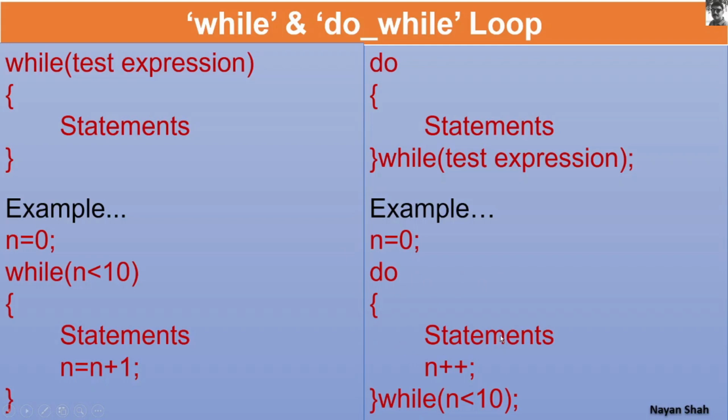So it will come inside and execute all these statements. If it is 1000, it will become 1001, and then it will check whether 1001 is less than 10. No, the condition is false, and it will go out of the do while loop.